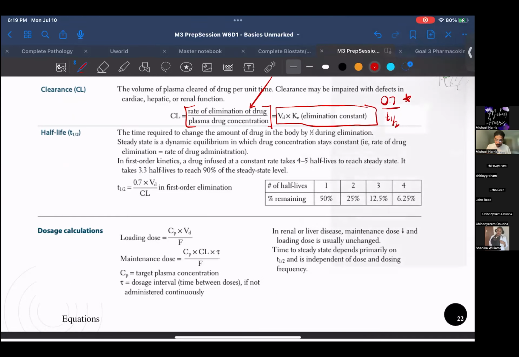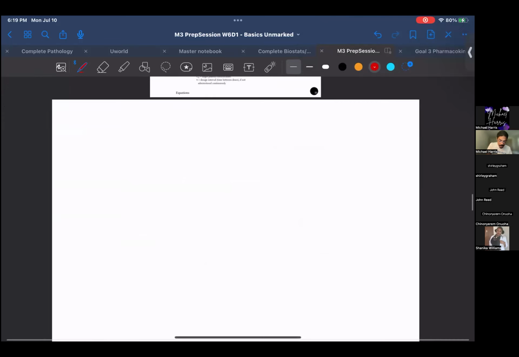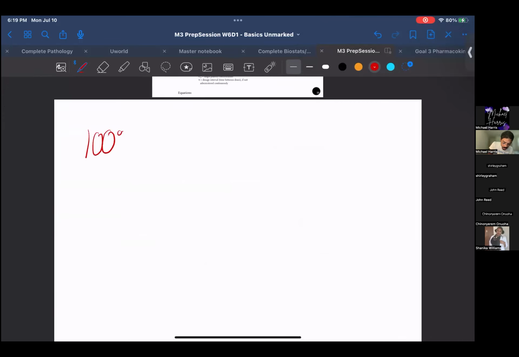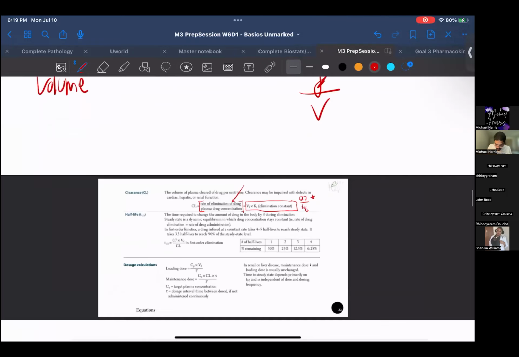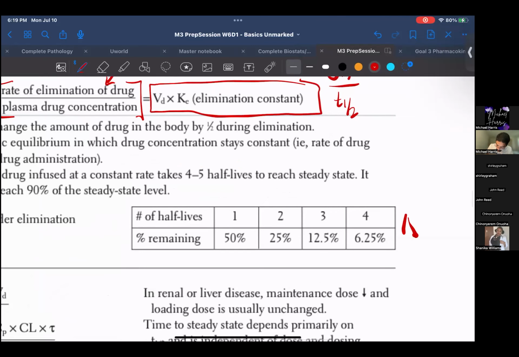That's half-life. So for instance, you have 100% of a drug. Let's say half-life passes. Now you got 50% of the drug. Another half-life passes. Now you got 25% of the drug, which is what this is showing you here.